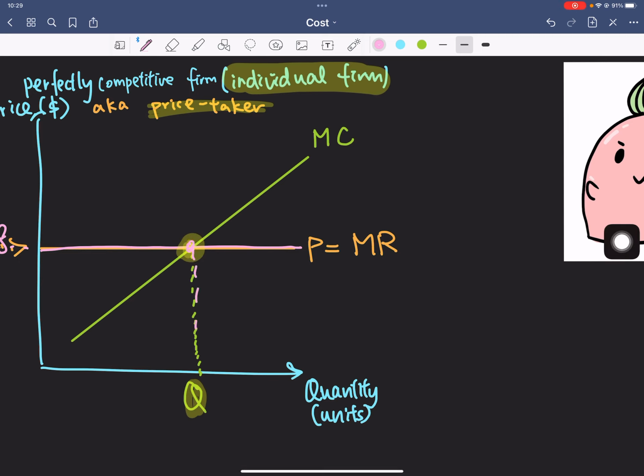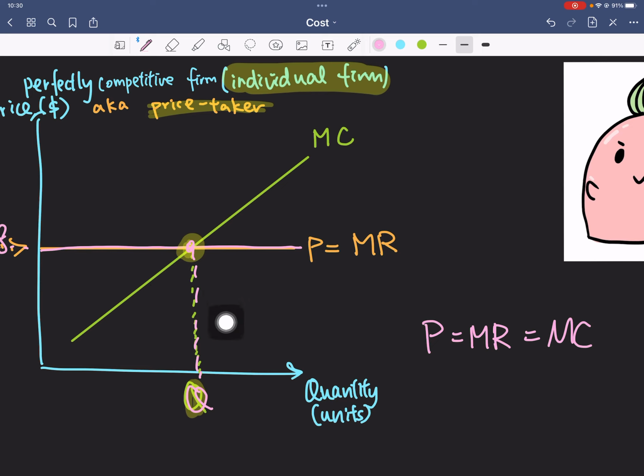So this point is the profit maximizing output, where the price is equal to the marginal revenue, as this is the price taking firm in this perfectly competitive market. And then we have the marginal cost equal to the marginal revenue for the firm to maximize its profit.